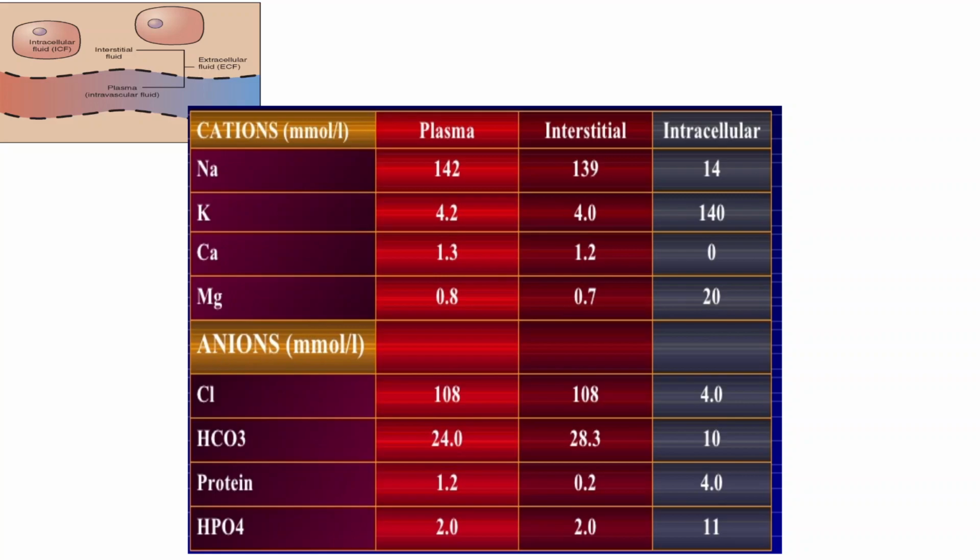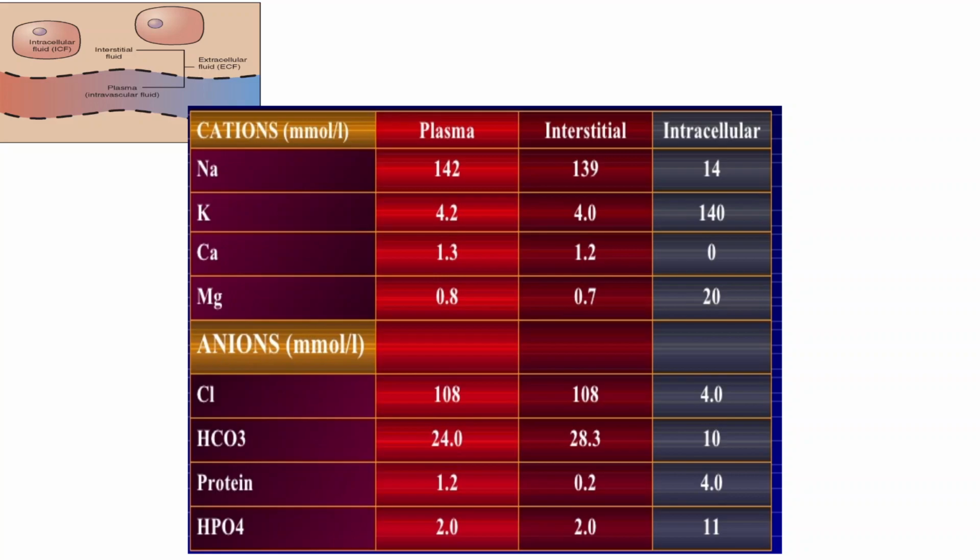Now, the concentration of these ions or electrolytes in the plasma, the interstitial fluid, and the intracellular fluid varies, and due to that difference in concentration, the fluid is kept in that compartment.